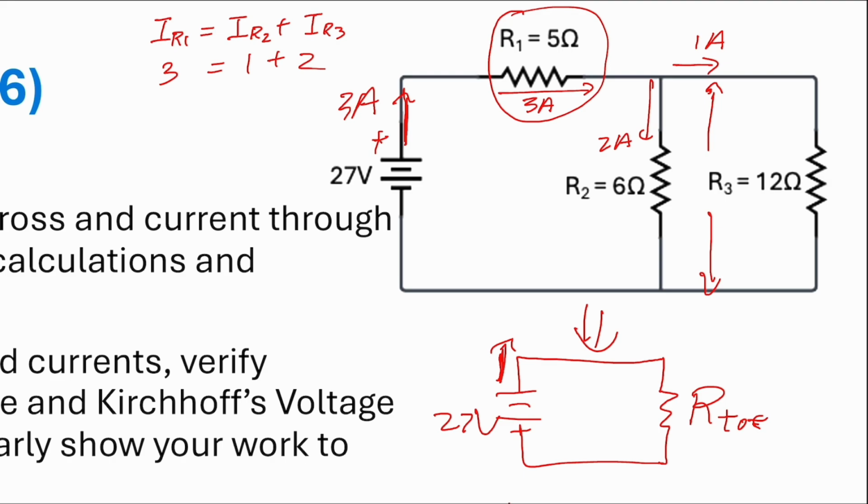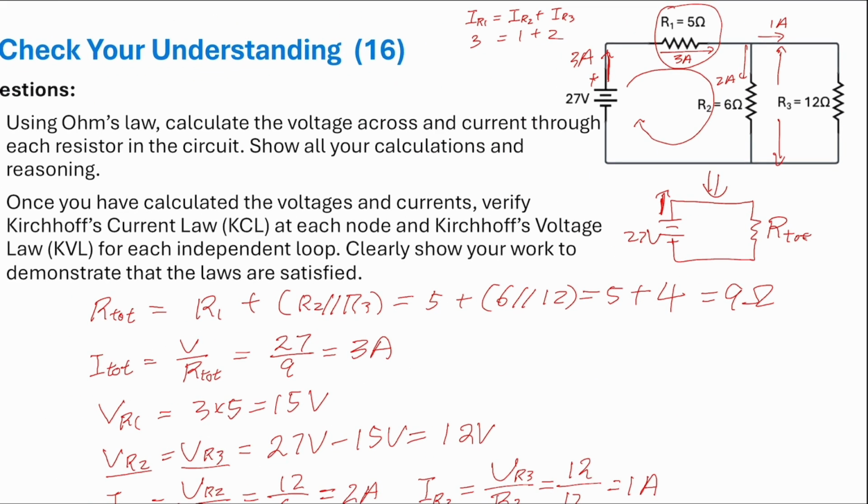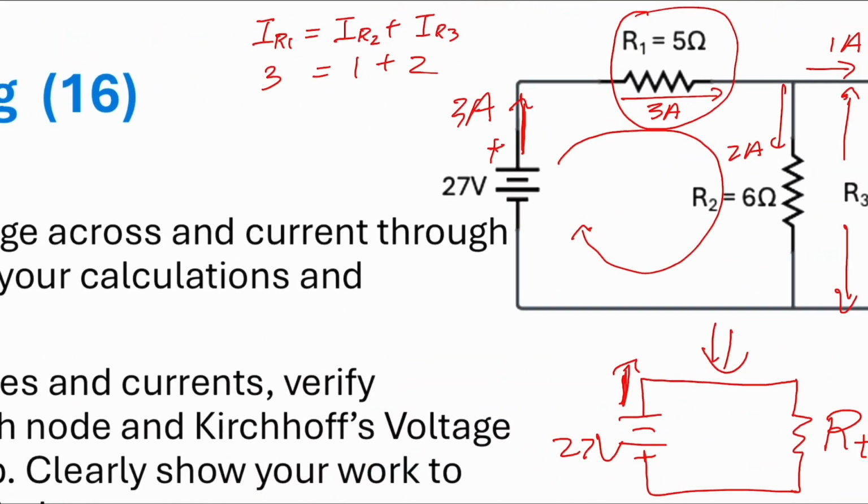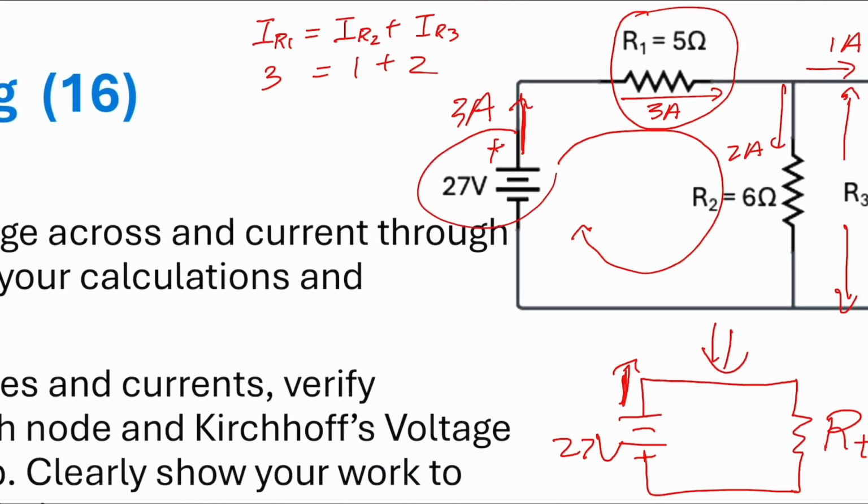Okay, KVL, we can analyze this loop, and we can say now the voltage across here is negative 27. The voltage across R1 is positive 15, and the voltage across R2 is positive 12.